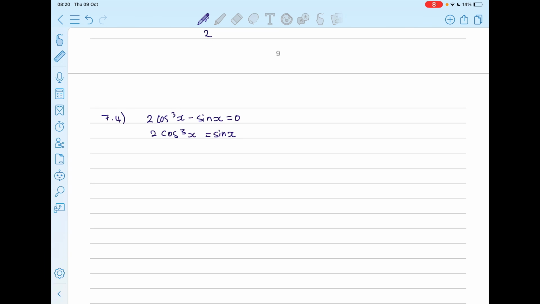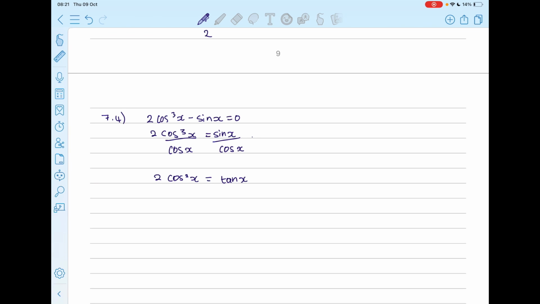If we divide both sides by cos x, we end up with a tan x. Now we are left with 2 cos squared x on the left, and tan x on the right, which is good because tan x is one of our functions on our graph.